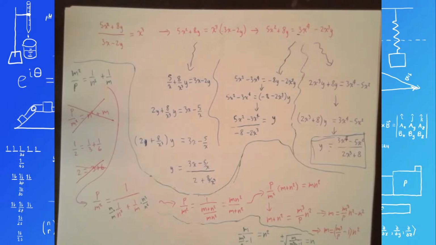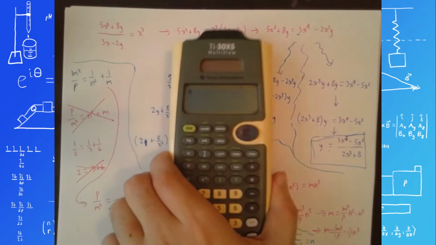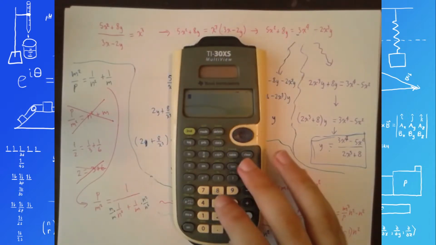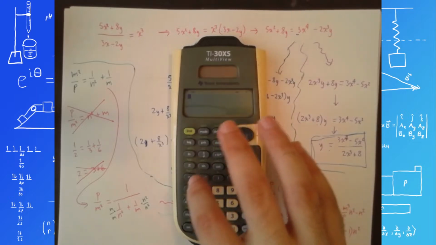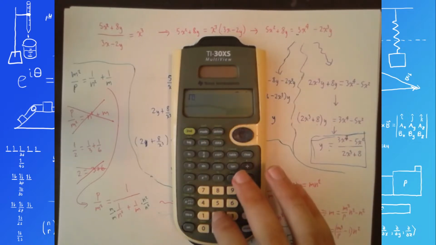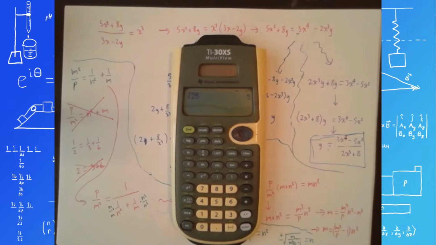A very common mistake that physics students make is forgetting that the square root operation can give you a negative. Part of the reason we screw this up is because our calculators will never give you two answers. When I do the square root of, say, 25, it gives me 5. It doesn't give me 5 and negative 5. The human is supposed to recognize that negative 5 is a possibility.